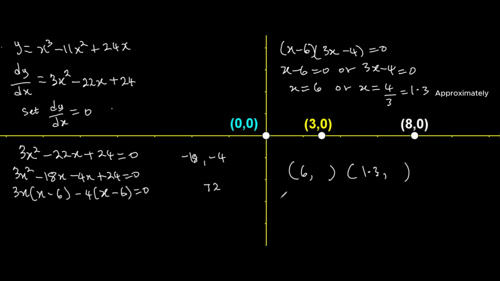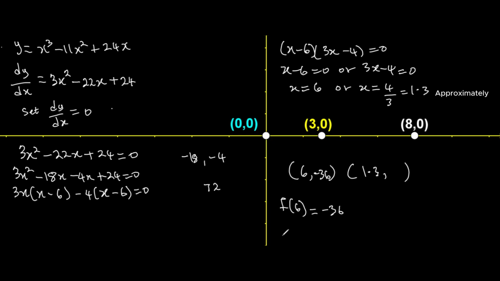And so how do you get these values of y? We can check f of 6. So you can go back to our original function y equals x cubed minus 11s squared plus 24s. Insert 6 for s. So substitute s equals 6 here, and you are going to obtain minus 36 for this. So y is going to be minus 36 for this.